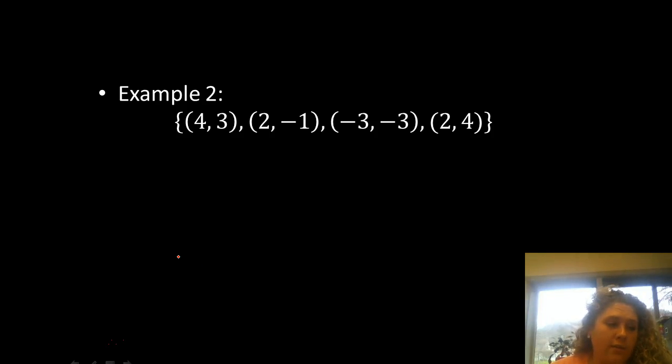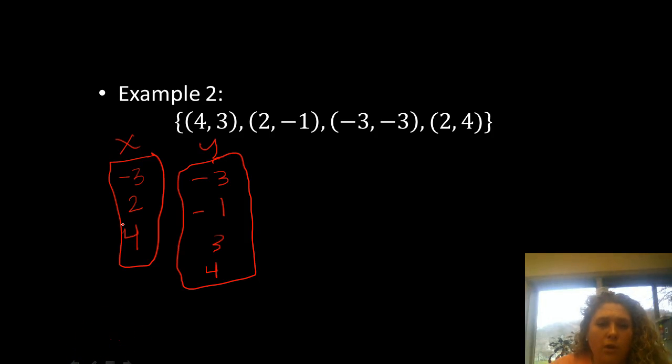So your points are given, and I'd like you to pause the video and write down your input and output values into a mapping diagram, and then draw your arrows and decide whether this is a function or not.